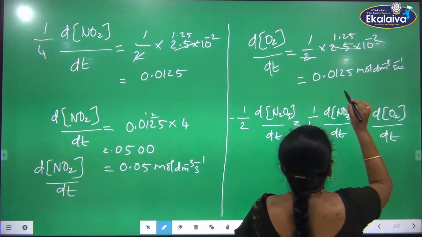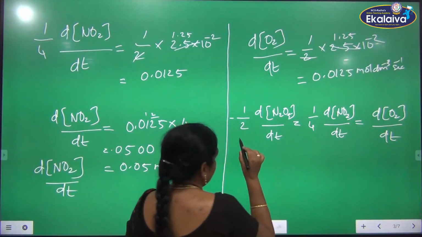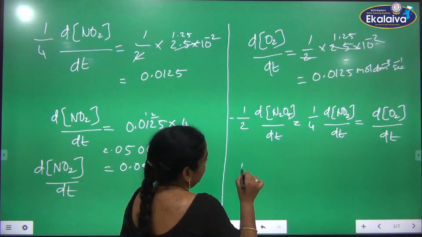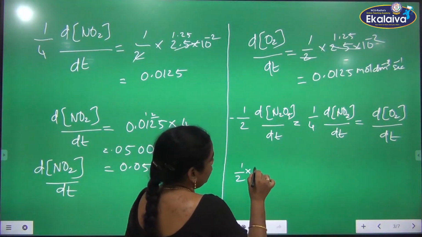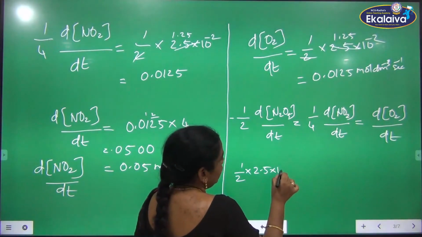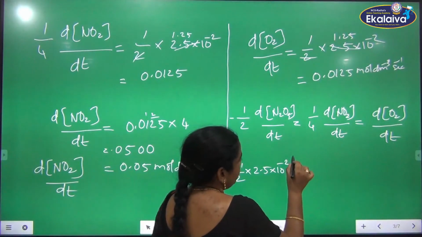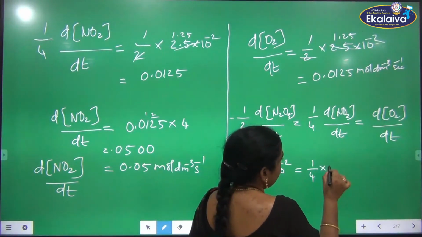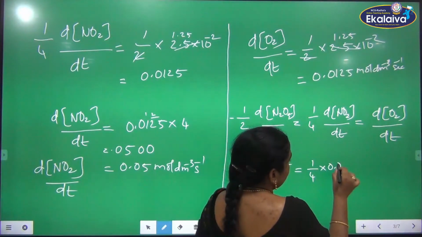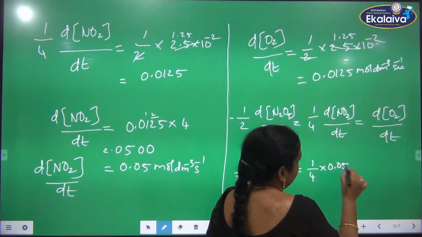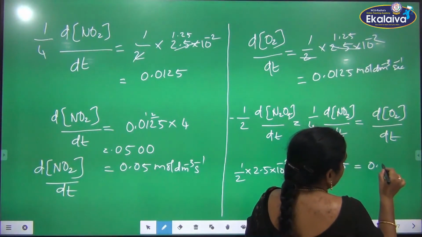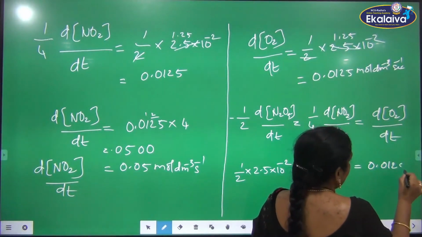Now substitute the values for this. 1 by 2 into 2.5 into 10 to the power minus 2 equal to 1 by 4 into 0.05, equal to this can be found out as 0.0125.